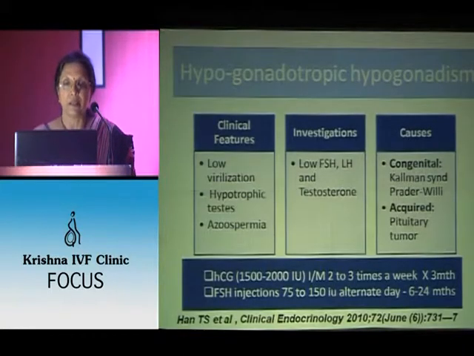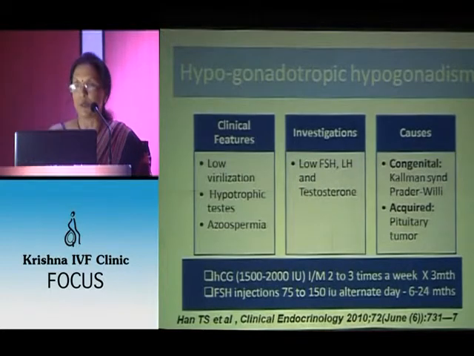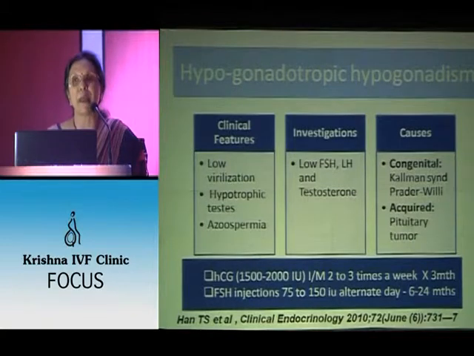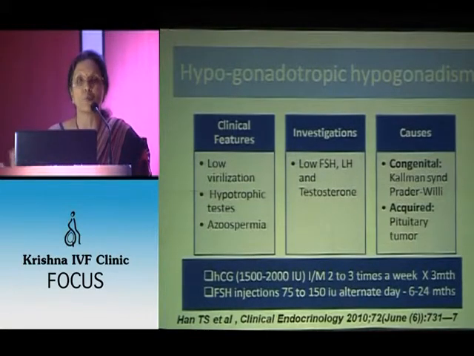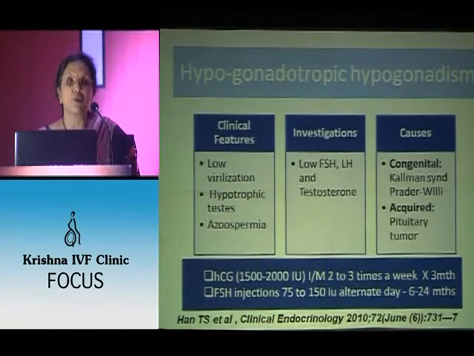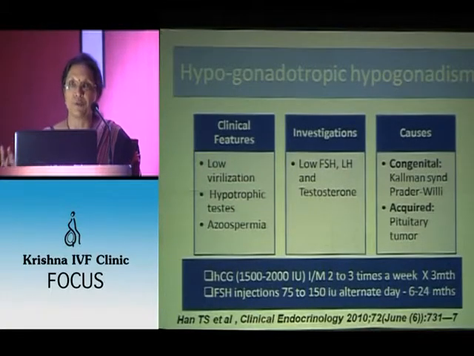Specific therapy, well, hypogonadotropic hypogonadism, this is characterized clinically by low virilization in the man. He looked like a cute man, a sort of softish, womanish looking man. Hypotrophic testes, nobody can overemphasize here that the volume of testes is very, very important. And we may find azoospermia.